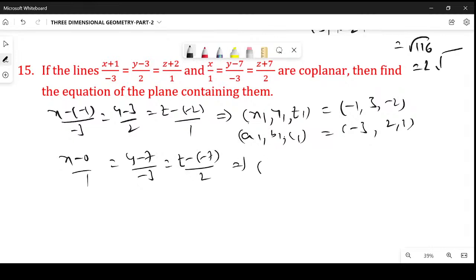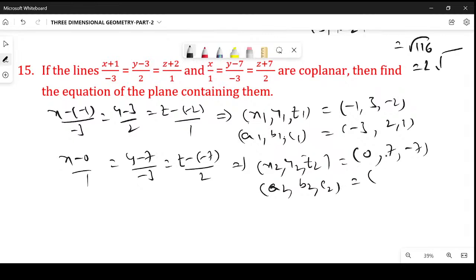So from this I can write x2, y2, z2, the point will be 0, 7, minus 7. Similarly the drs A2, B2, C2 will be 1, minus 3, 2.